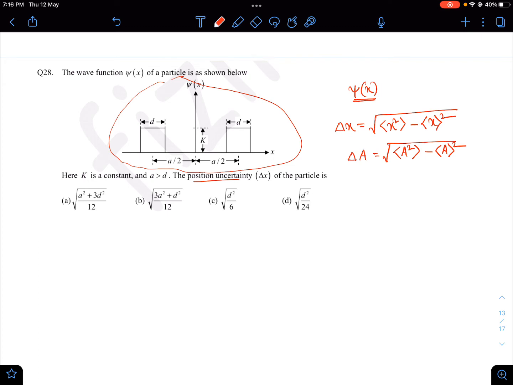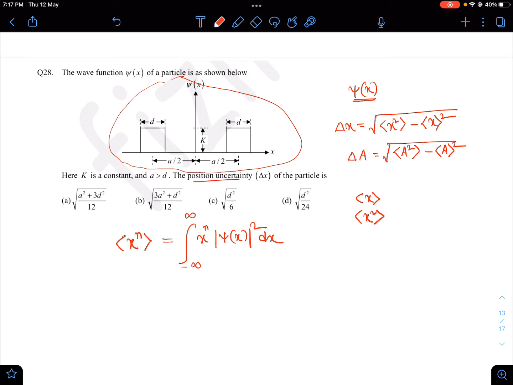And how will you calculate this x average and x square average? We know that the average of the mth moment of any observable is given by this rule. For position we will have the integral of x to the power m times psi of x squared dx, from minus infinity to infinity in general.